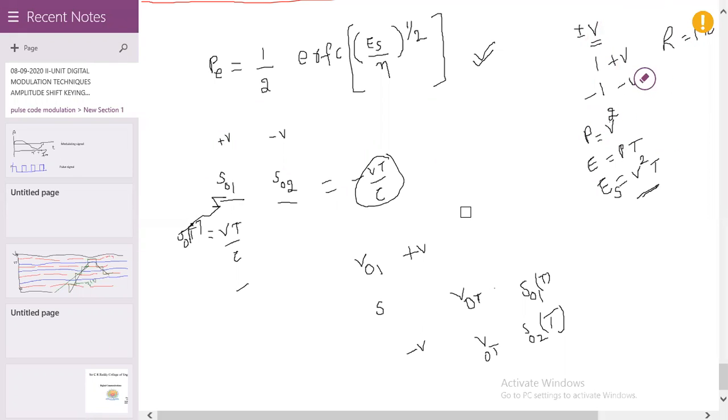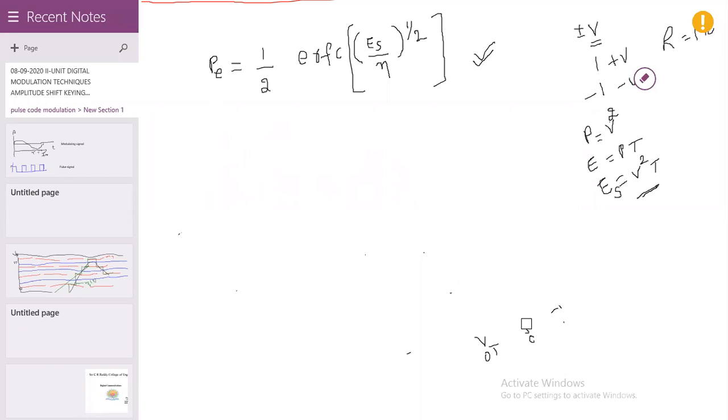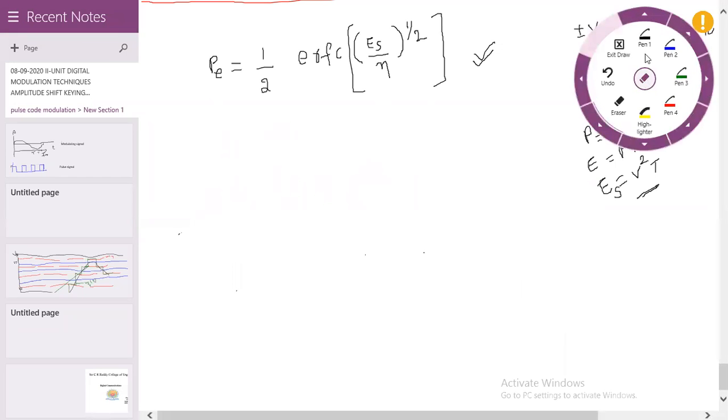Now come to the point here. We can optimize this one. So here we can take decision boundary optimization.